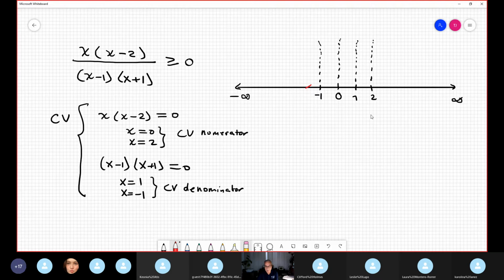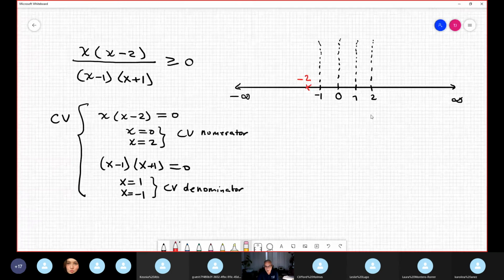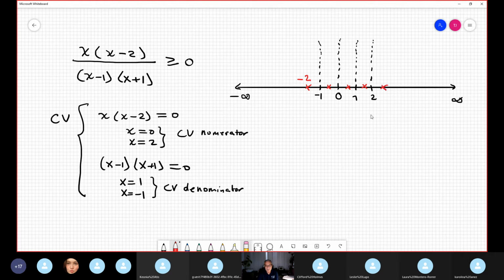For example, in this interval, I pick negative 2. It's a big interval, so we have infinite possibilities. In this case, we have infinity, but no, it's a short interval. 5 testing points. Suppose negative 1/2, it's good. Suppose positive half, it's good. Suppose 1.5 or 3/2 in fraction, and suppose 3.